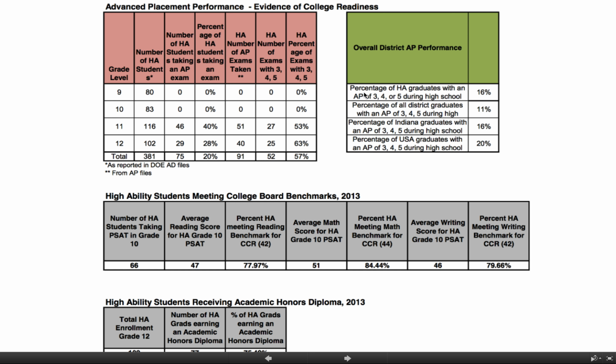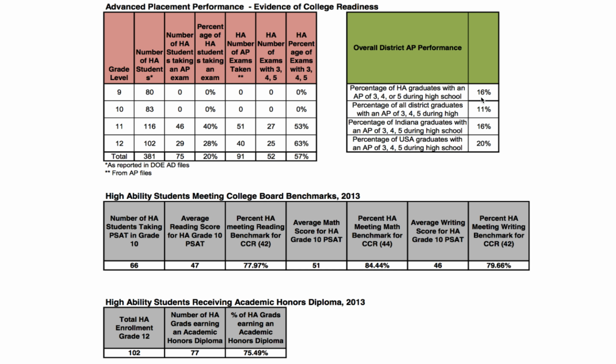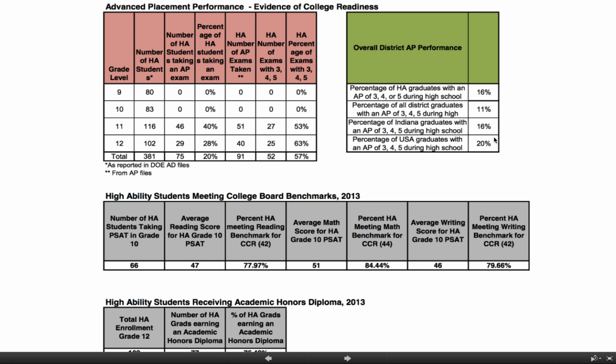So the percentage of their high ability graduates that scored a 3, 4, or 5 on an AP exam was only 16%. Okay, again, that should be very high if it's a high ability student. You can see down here the percent of Indiana as a whole is only 16%, and the United States is 20%. So we've got some work to do with that at the state level as well.